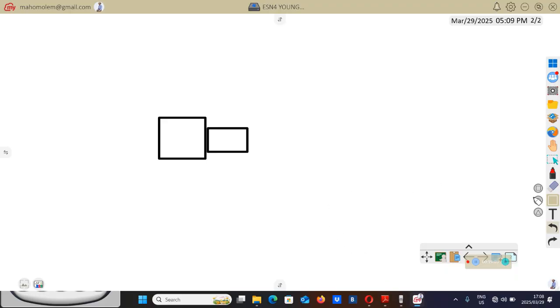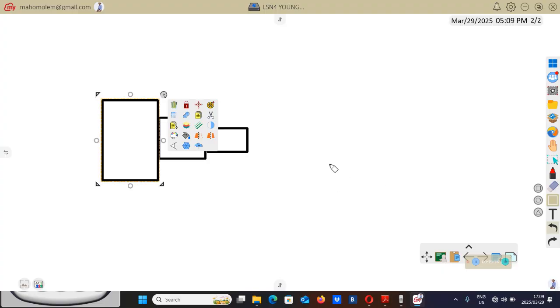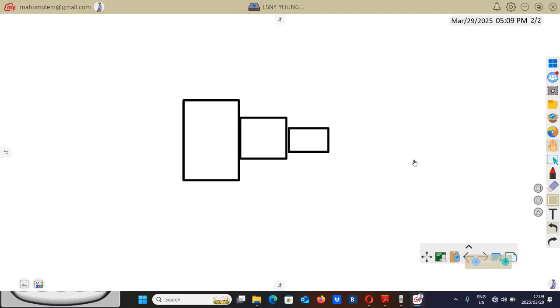Yeah, according to that statement, we're going to have something like this. They're saying that this thing is having the total length of 5 meter.